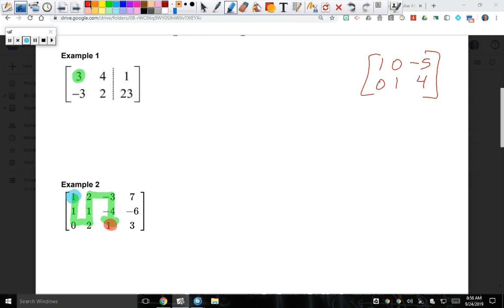How could we alter row 1 to where that 3 becomes 1? I could multiply by 1/3. Divide by 3 is the same thing, but I'm going to put multiply by 1/3. So if I multiplied 1/3 of row 1, let me do this with colors.